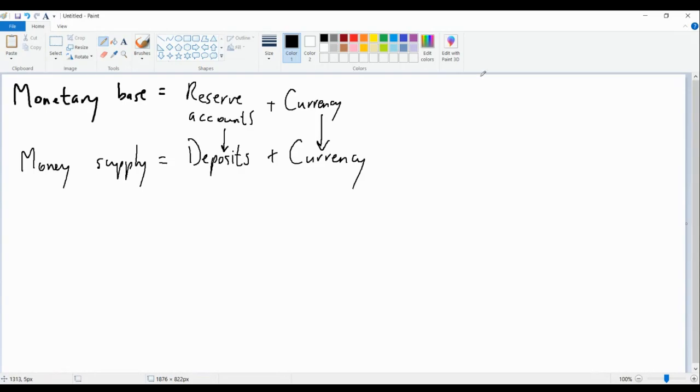One thing we did last time as well was to discuss that the money supply is connected to the monetary base by some multiplier. In other words, you may recall, just by looking at any bank's balance sheet, you know that the deposits are much larger than the reserves.